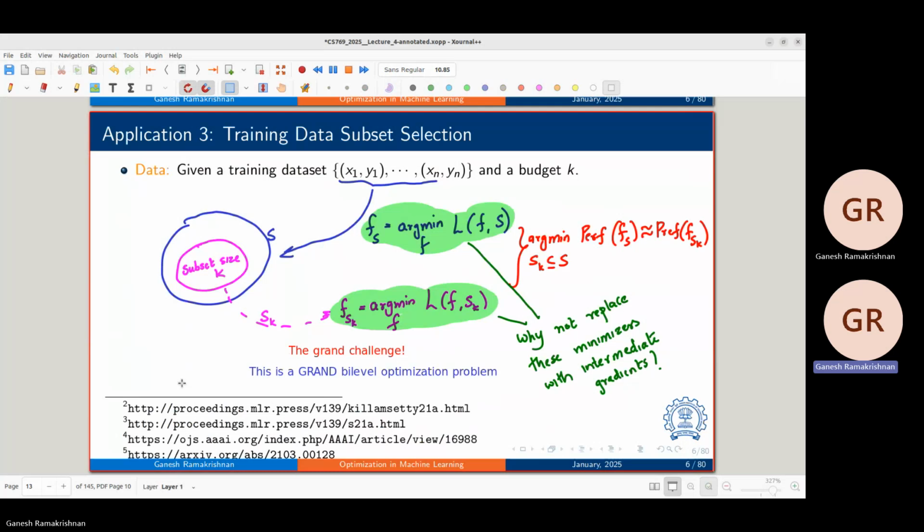The function that is yielded because of that, and the function that you get based on a subset of the data set, the loss being minimized on a subset of the data set, Fsk. These two functions behave similarly, and the similarity in behavior is measured through another performance. Now, it can turn out that the second performance is the same loss. That's also fine.